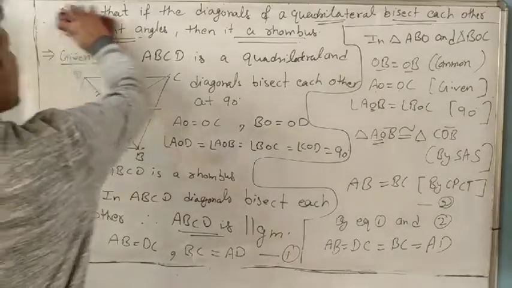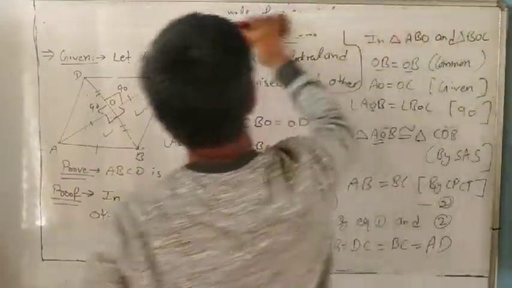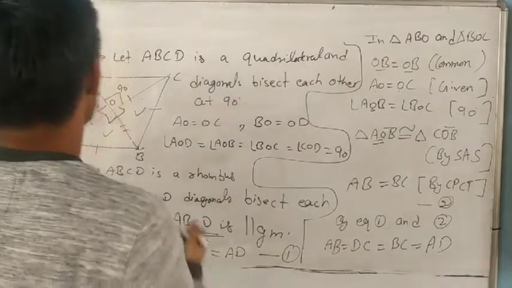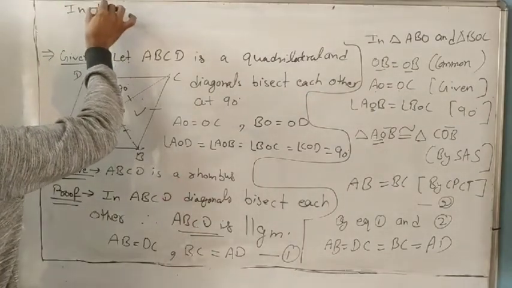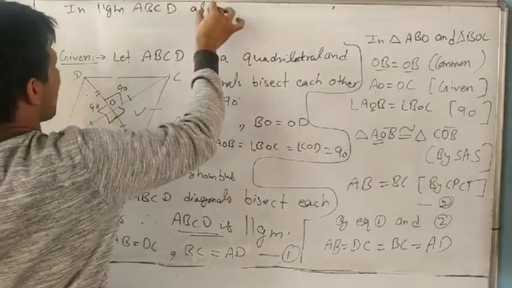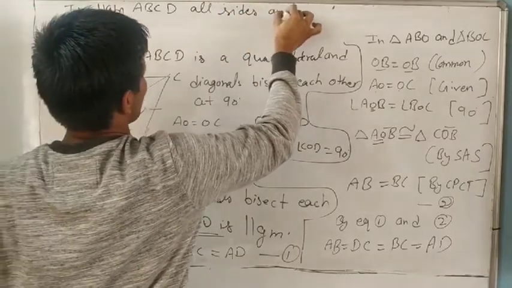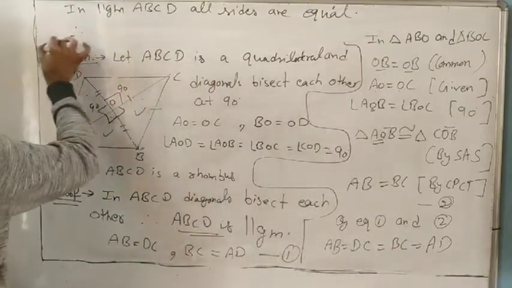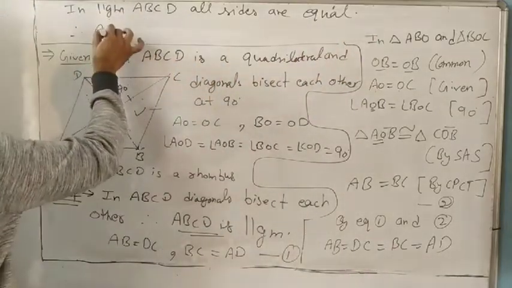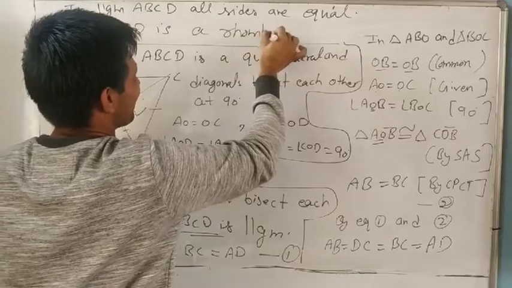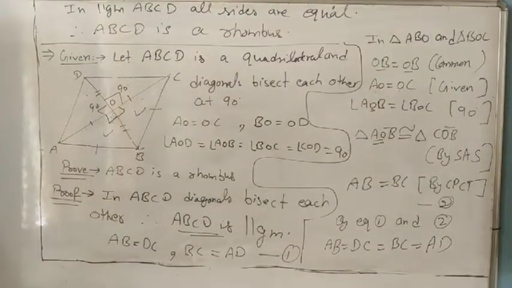So we will write here: it is a parallelogram, and in parallelogram ABCD all sides are equal. So therefore ABCD is a rhombus because all sides are equal.